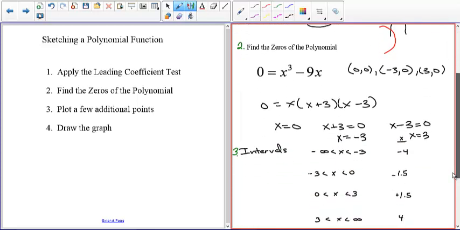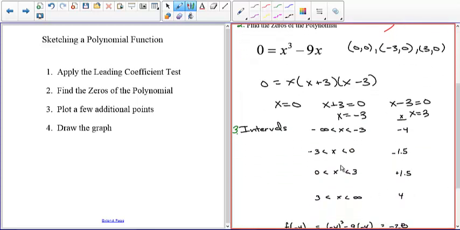Now what am I doing down here? The next thing is to plot a few additional points. So I've got the zeros. The best thing to do is to pick points that are not the ones I've already done.